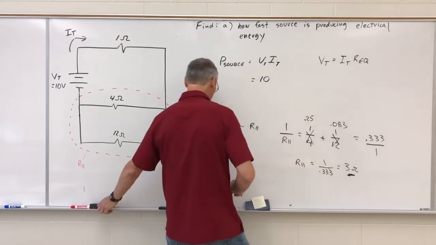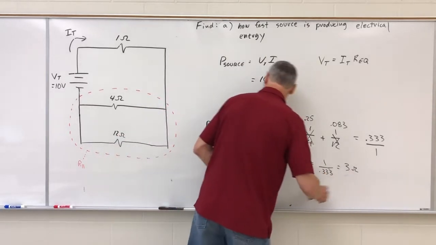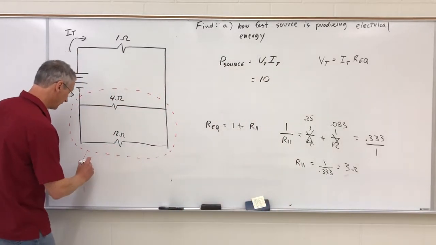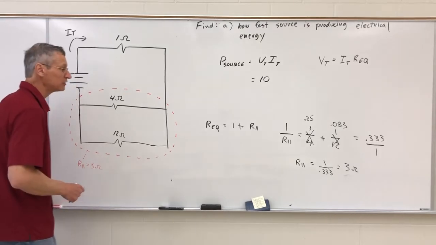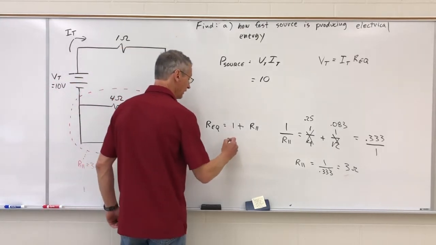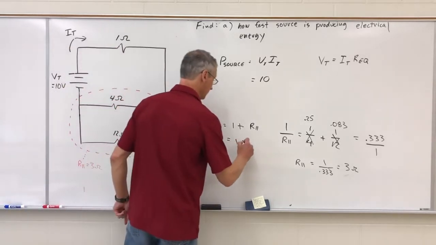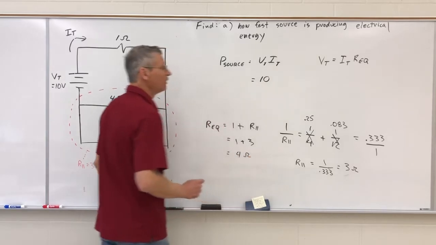So R parallel is equal to 3 ohms. I'm going to write that down here so I don't forget it. So the equivalent resistance of everything is 1 plus 3, which is equal to 4 ohms.